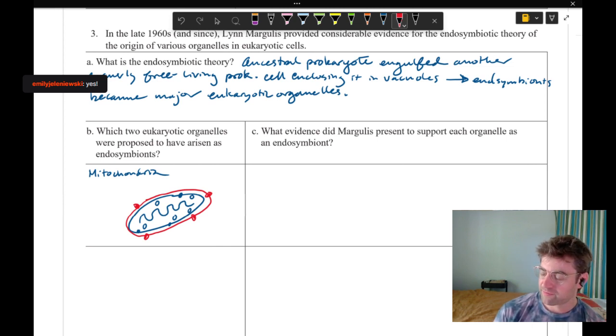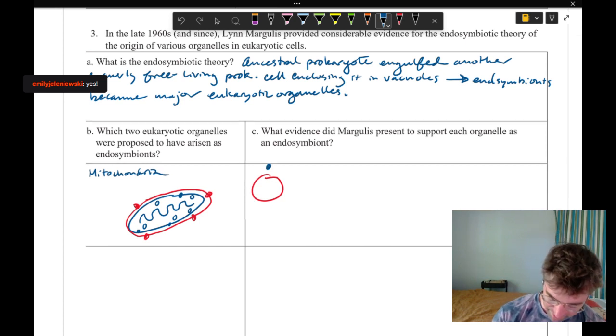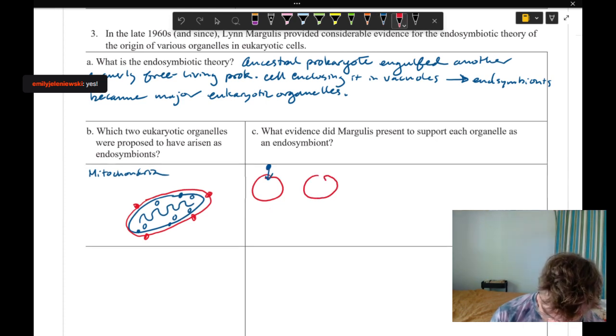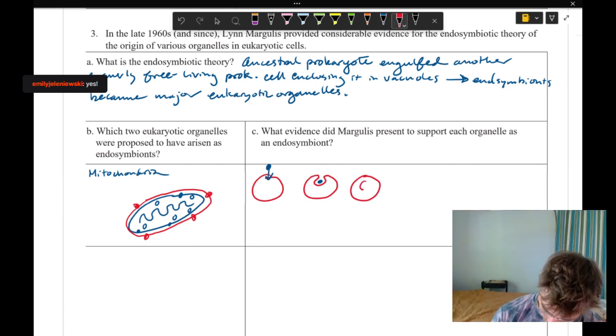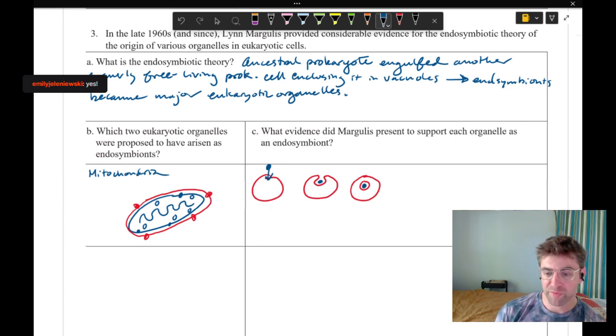Do I want to draw this? I kind of want to draw this. Endocytosis. You have what will become a mitochondria outside of the cell. It encounters this other cell, still prokaryotic, creates an infolding of the cell membrane, and incorporates it into its cytoplasm.